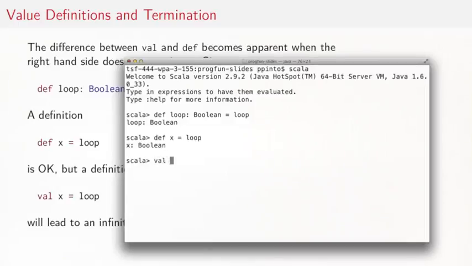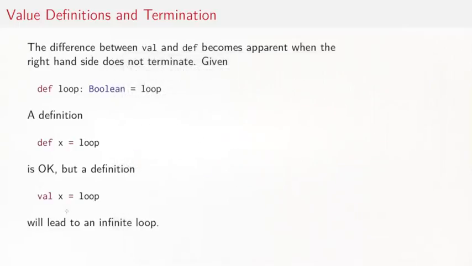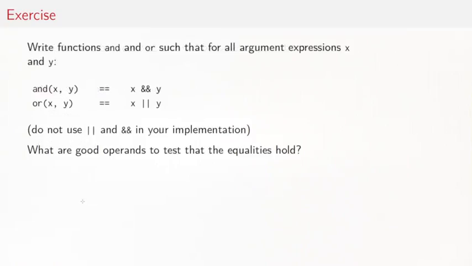Whereas if I define val x equals loop, then my REPL dies and I have to take it out explicitly with a Control C. So def x equals loop is okay, but val x equals loop will lead to an infinite loop because the right-hand side loop will be evaluated at the point of definition.